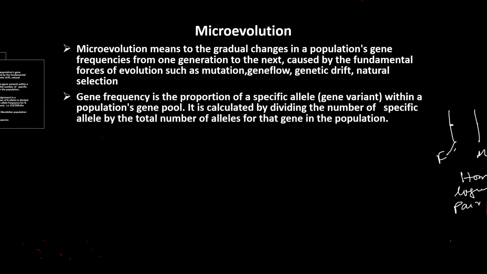Within these homologous chromosomes, genes are located just opposite to each other, and they are known as alleles of each other. Gene frequency is the proportion of a specific allele.